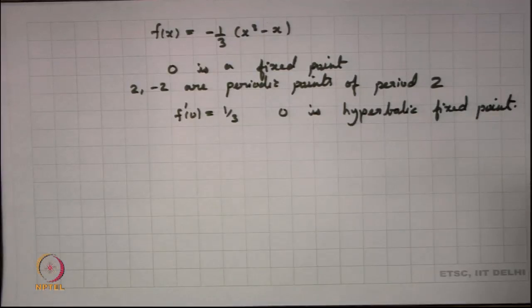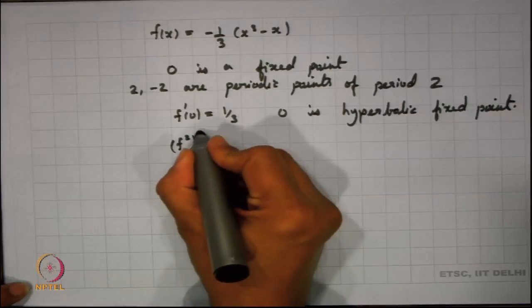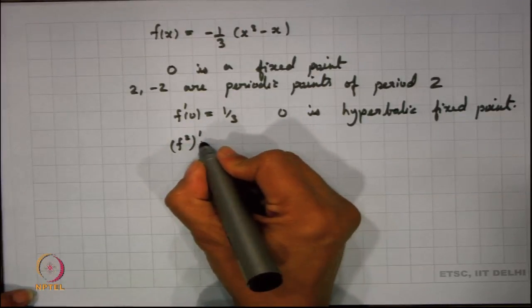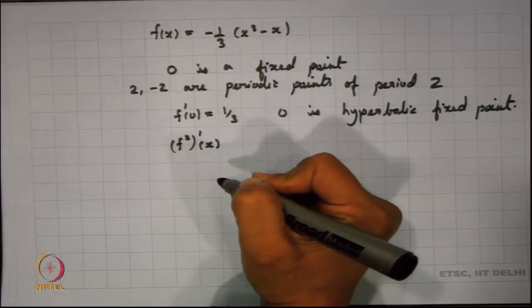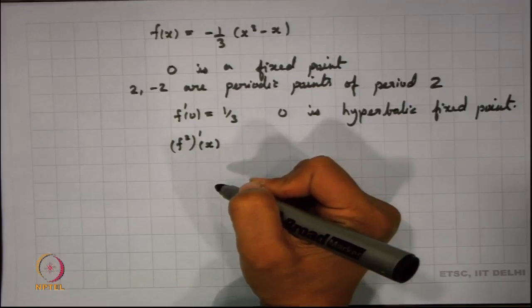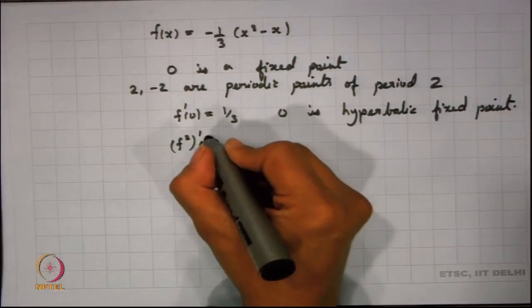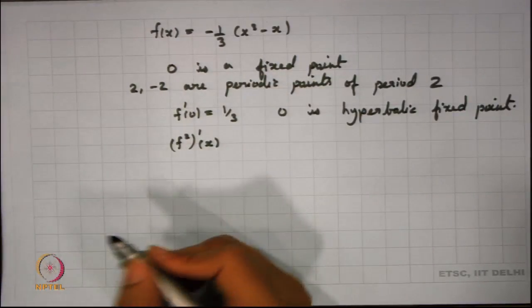Now, we are interested in what happens to 2 and minus 2. So, if we try to look into what is f square prime of x, instead of the point x we can just look into what happens at the points 2 and minus 2.